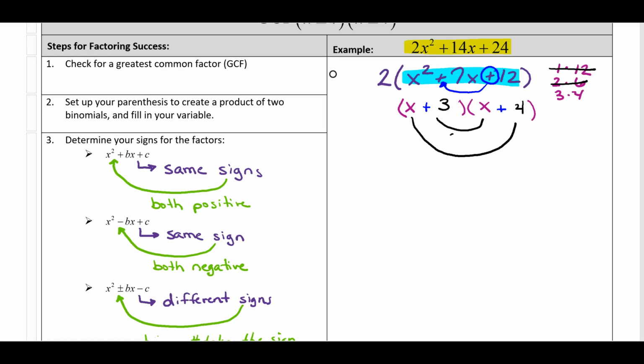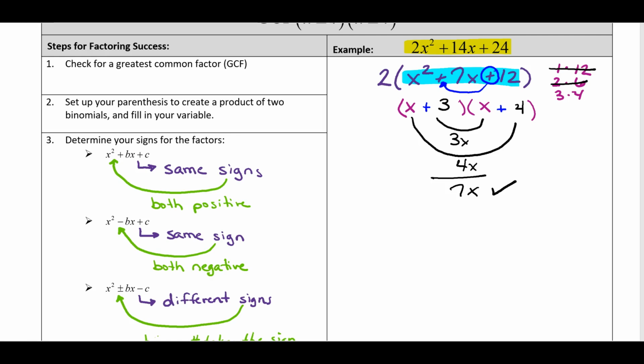So 3 times x is 3x, 4 times x is 4x, and that adds up to be 7x. That's what I needed. I needed 7x. So I have now found the factors that multiply to equal 12, but add up to equal my 7x middle term.